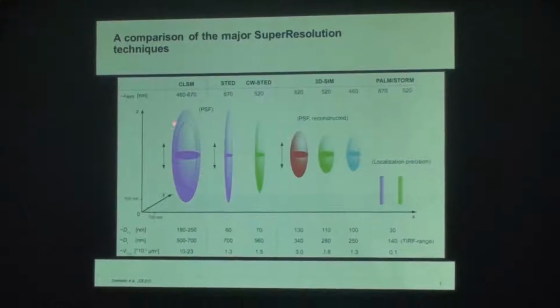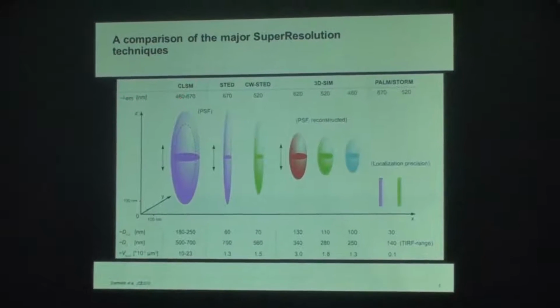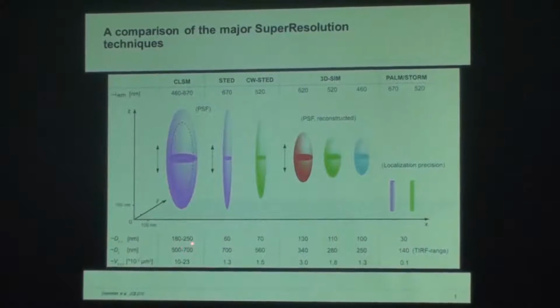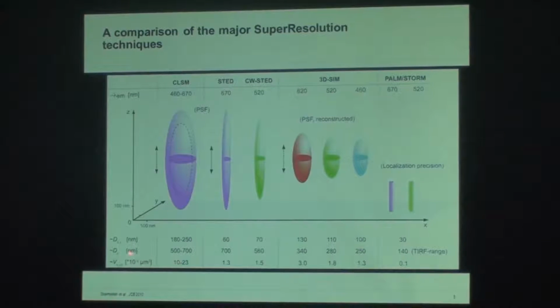That gives you approximately 180 to 250 nanometers in XY, and around 500 to 700 nanometers in Z. Compared to that, you would have heard of STED, continuous wave STED, nonlinear STED, or 3D SIM, which is what we are going to talk about today.